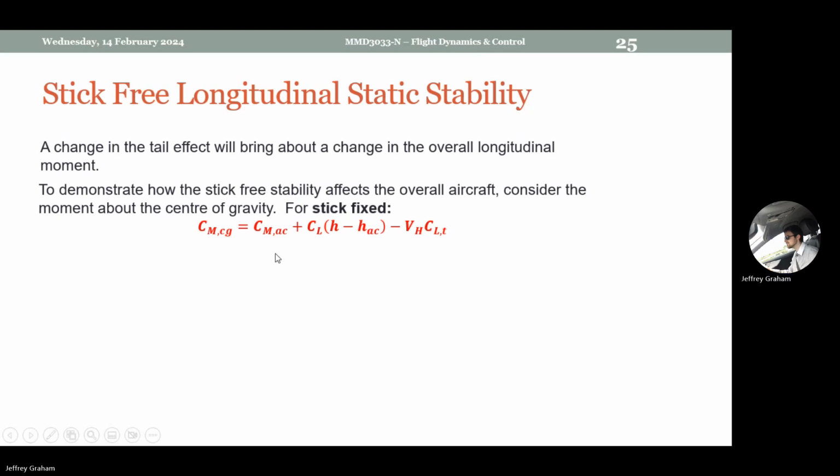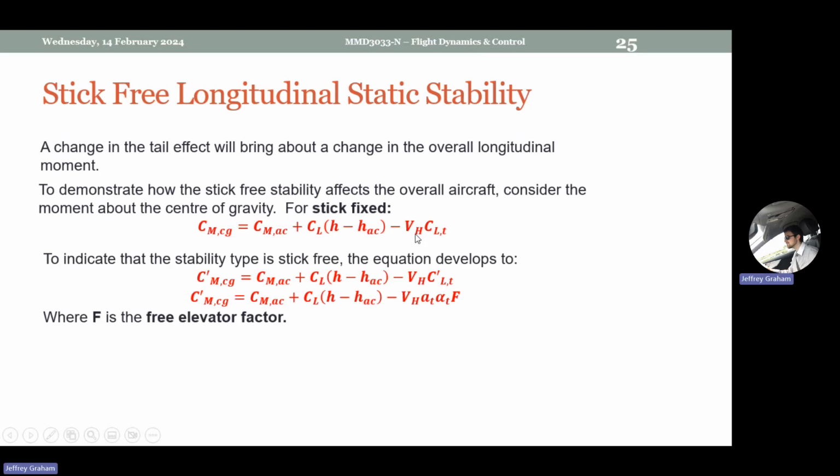So this is the general pitching moment formula: aerodynamic center, lift from the wing, lift from the tail, tail volume. Modifying it into stick free, you can see nothing happens to the first section, the wing only.